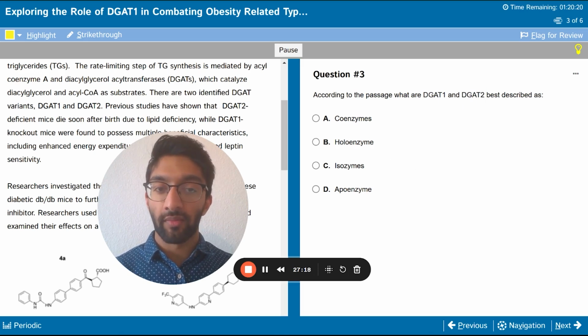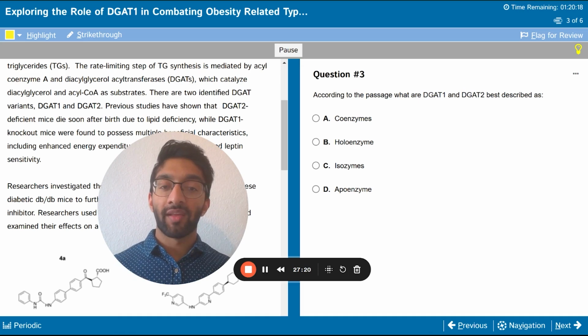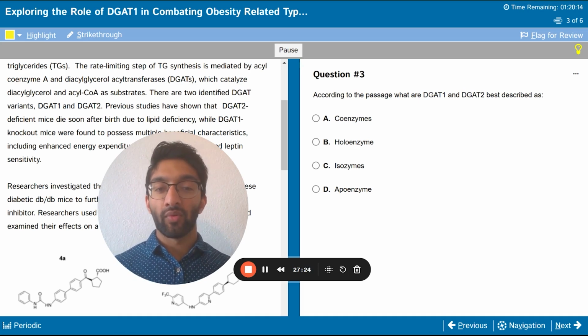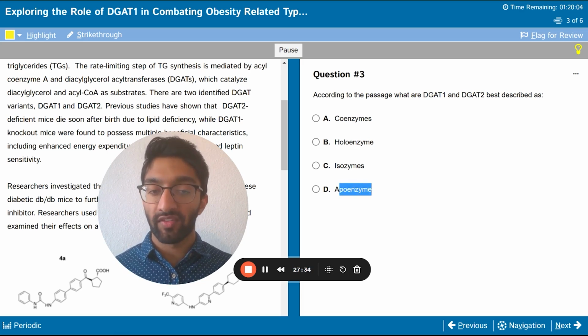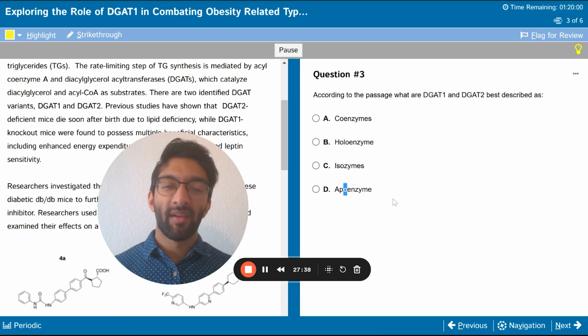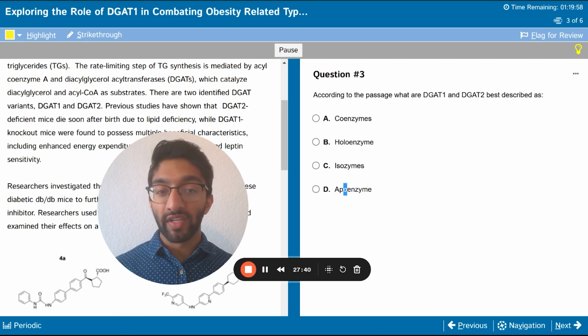So what is a coenzyme? A coenzyme is usually a separate molecule, maybe even an inorganic molecule, not necessarily a protein or polypeptide, that is necessary for the enzymatic reaction to take place. And these coenzymes bind with something known as the apoenzyme, right? The apoenzyme, you can see the apo-P, you can think of a protein enzyme.